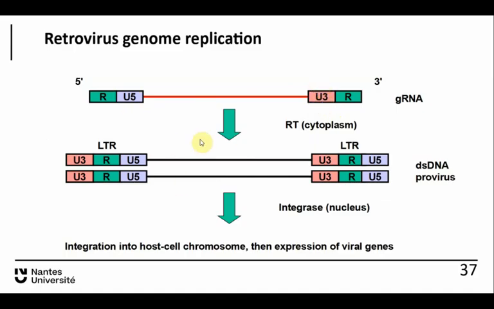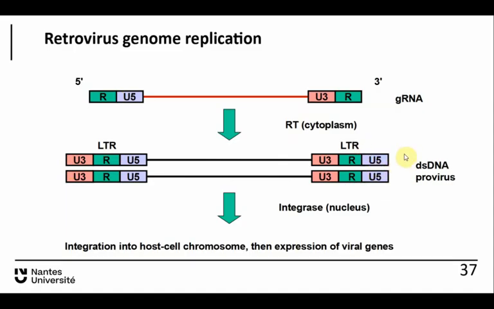Now, what happens during reverse transcription is there's a really neat mechanism by which the virus can copy the U3 region to the other end of the proviral DNA, and also the U5 region gets copied at the other end of the genome.